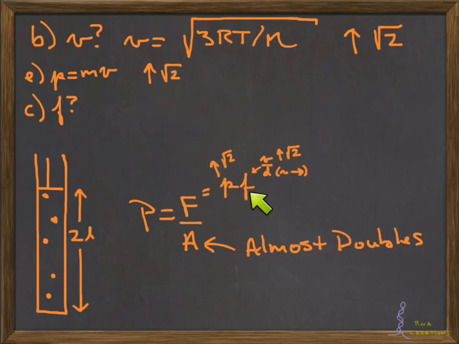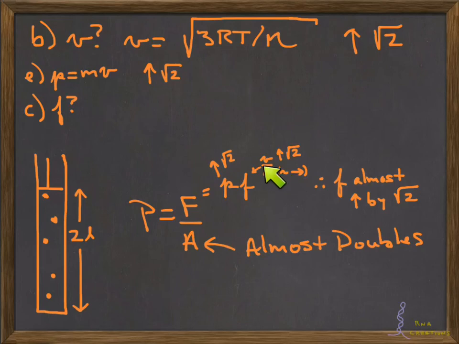How about the frequency of collisions? Again, this is given by velocity, which increases by the square root of 2, divided by distance. Most of the molecules will be traveling left to right, and their distance won't change. A few, however, will be traveling up and down. And so if we look at the frequency of collisions, we have square root of 2 over a nearly constant, but slightly increasing denominator.